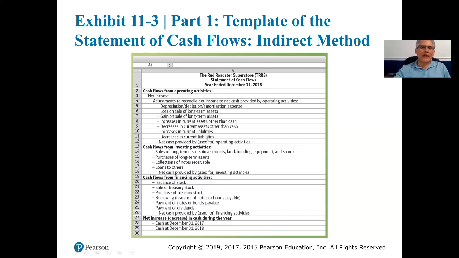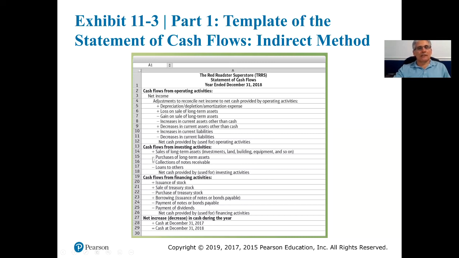If you recall that slide we looked at, the slide specifically said that current assets and current liabilities affect operating activities. So those changes that occur within those areas on the balance sheet are going to impact the statement of cash flows, specifically operating activities.